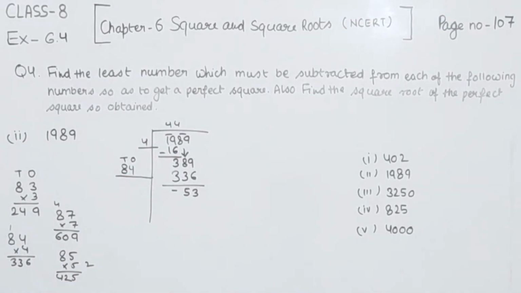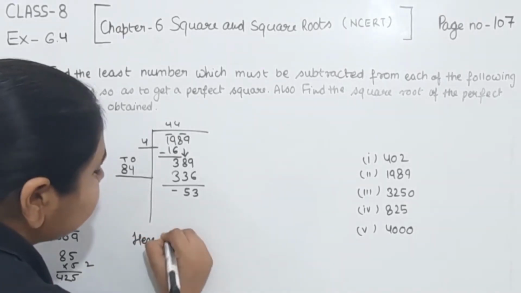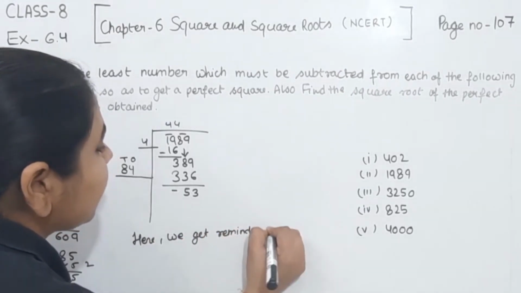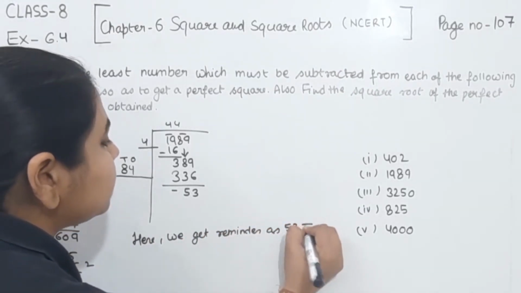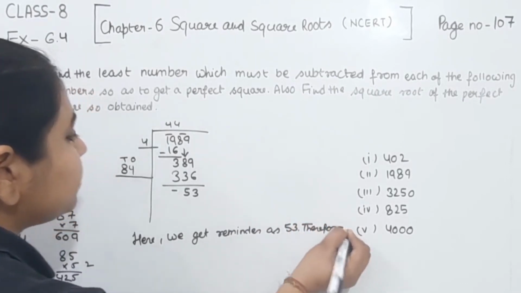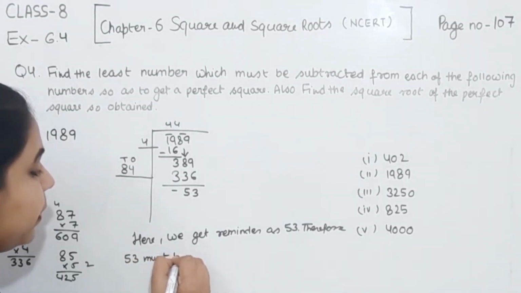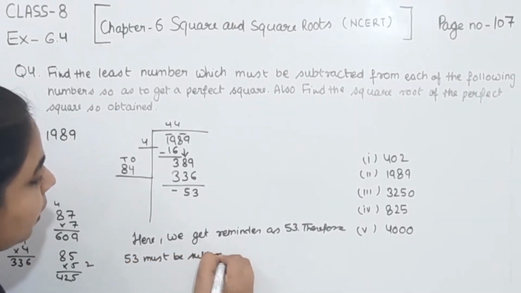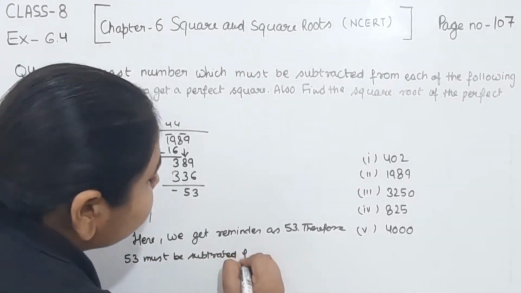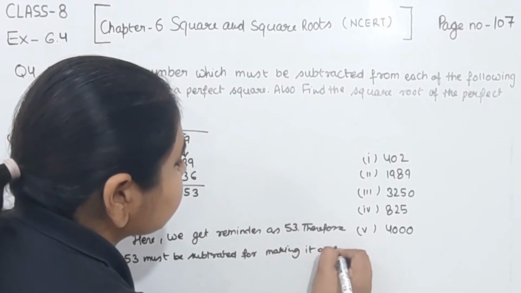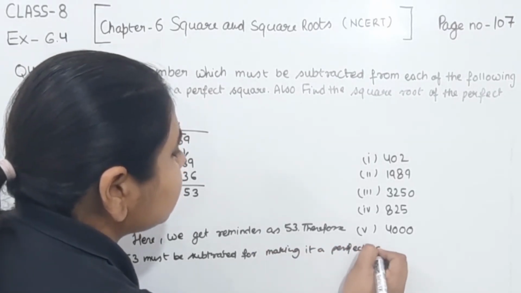So we have to subtract 53 from the number for making it a perfect square. So I'm going to write here, we get remainder as 53. Therefore 53 must be subtracted for making it a perfect square.